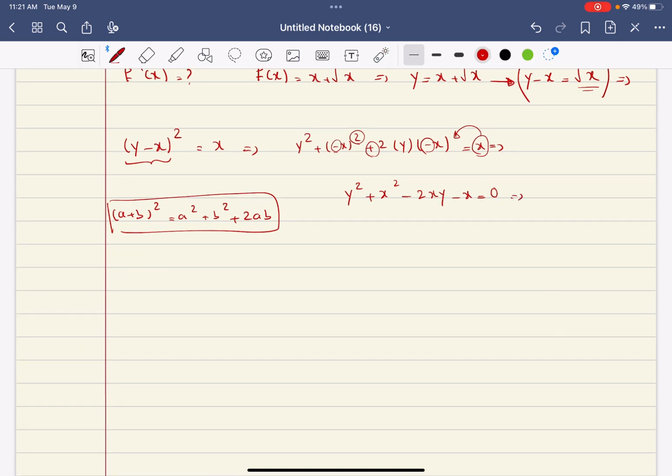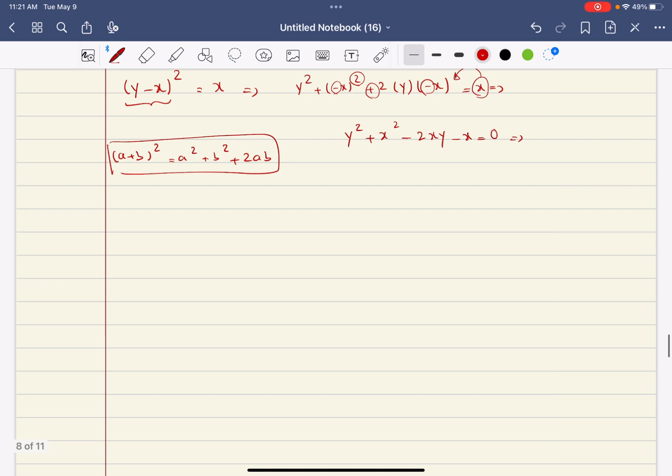So I'm going to rewrite this equality as x to the power of 2 plus x, this part and this part, times negative 2y minus 1, then this part, plus y to the power of 2, this part, equals 0.